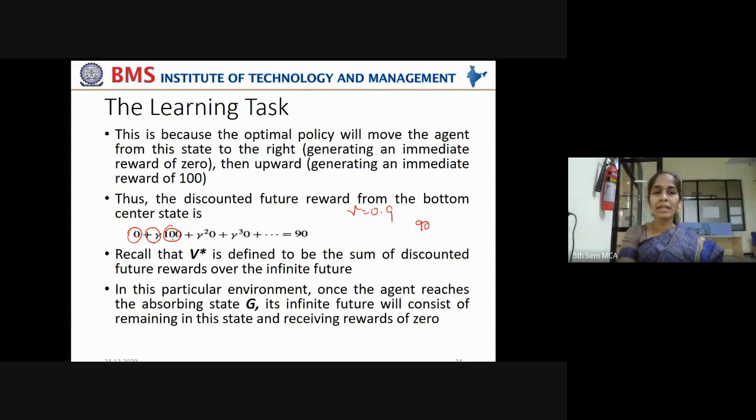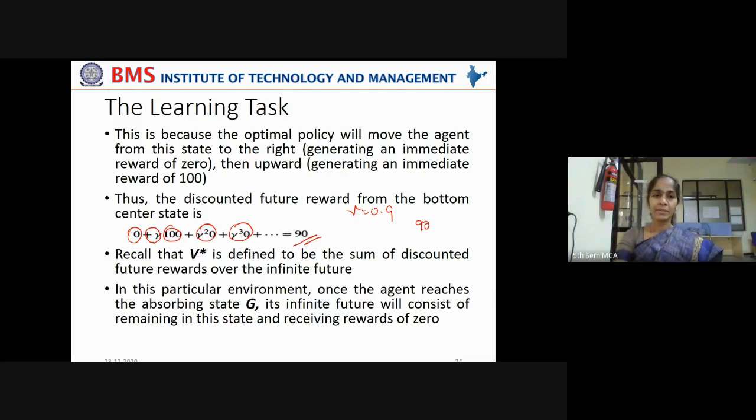So 0.9 into 100, you will get 90, plus no more rewards are given for later delayed actions. So this is 0 and this is 0, which gives the center state's reward value as 90. That is how the values for each of the grid positions, that is the states the agent can be in, are calculated.